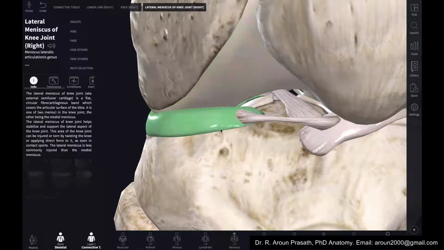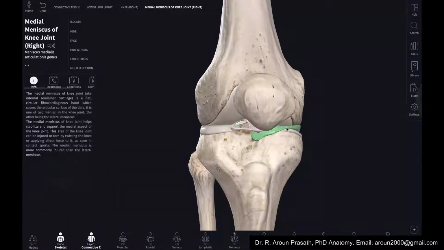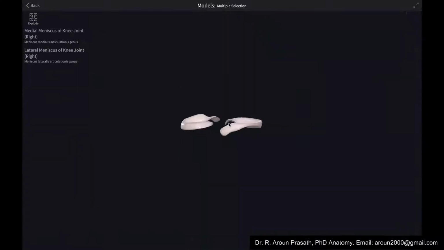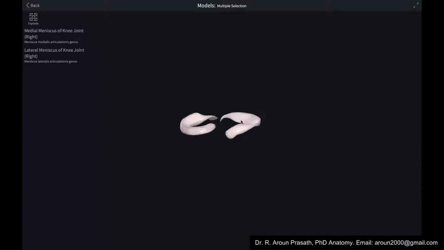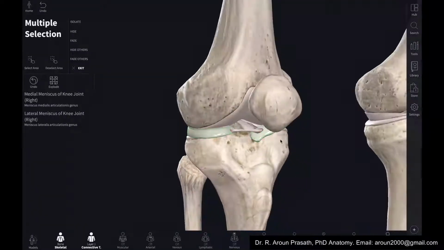This is the lateral menisci and this is the medial menisci. This is a fibrocartilaginous disc-like structure present in between the femur and the tibia, to act as a shock absorber. So the menisci are present in between these two bones.